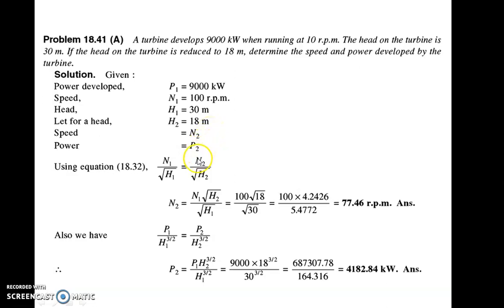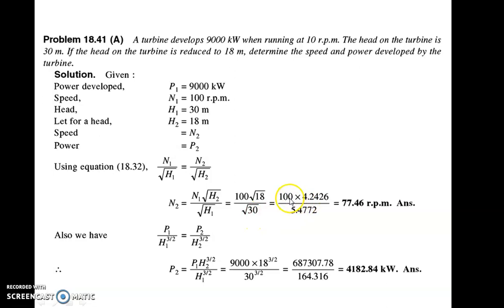So you know from the unit quantities that unit NU will be the same, because it is at 1 meter of head. So it is a common platform. NU will remain the same for that particular turbine. So it will be N1 upon root H1 is equal to N2 upon root H2. So N2 will be equal to N1 root H2 upon root H1. So it will be 100 into under root of 18 upon root of 30.